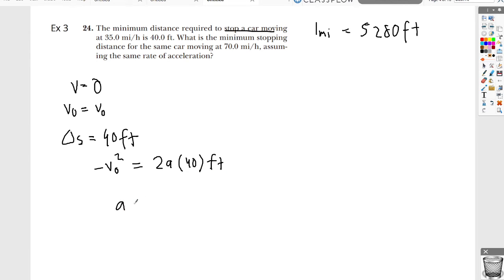So a is equal to negative v naught squared over 80 feet. Feet per whatever, it doesn't really matter. We go for the unit at the end. So a is just equal to v naught squared over 80, and it's negative because it's slowing down.